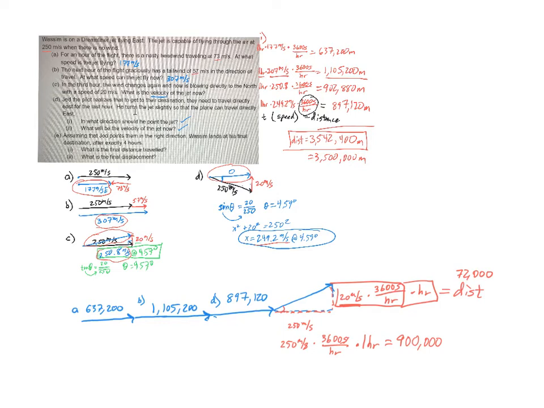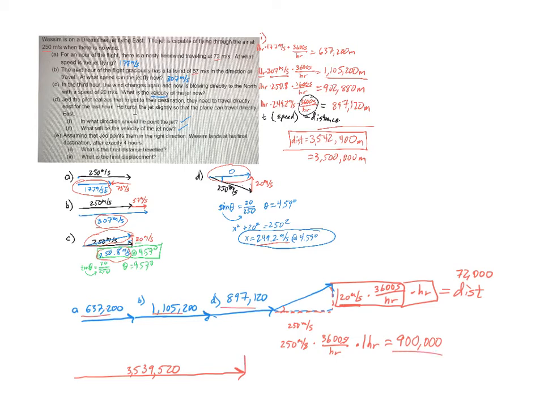And then I'm gonna add the 637,200 right there. And I add all those together. And my total horizontal displacement, when I add all of those together, is 3,539,520. Okay, that's what I get for adding each of these horizontal displacements together.